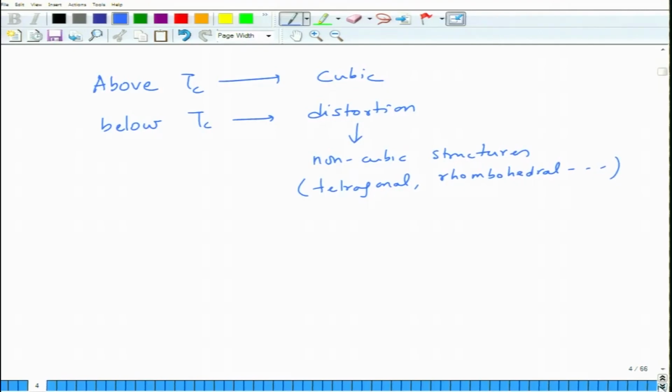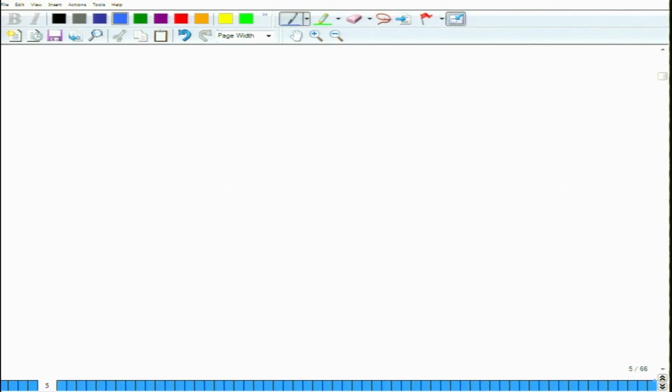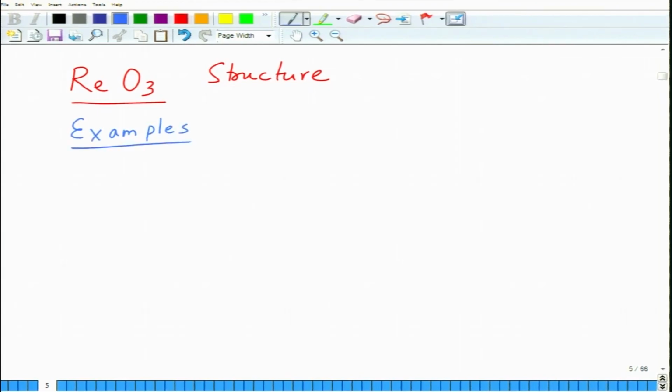This is the perovskite structure. Now, next in this series is the ReO3 structure. ReO3 is the parent compound. Other compounds which follow this structure are, for example, oxides such as WO3 and MoO3.